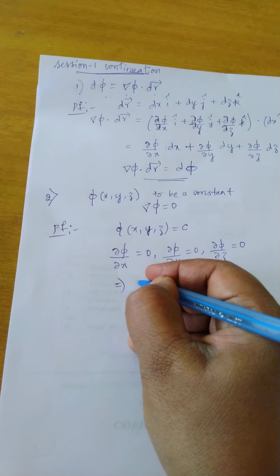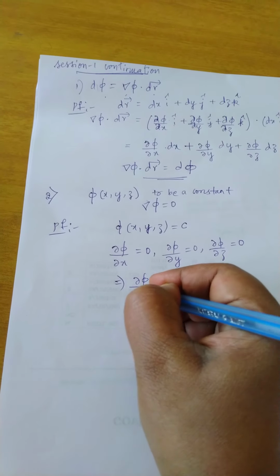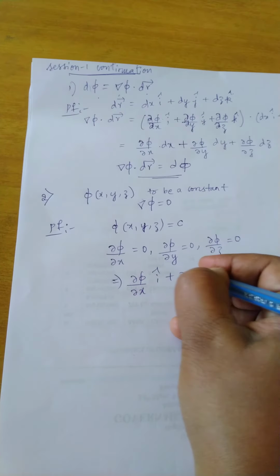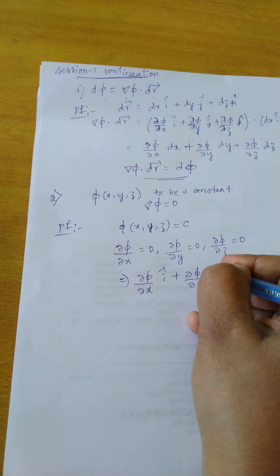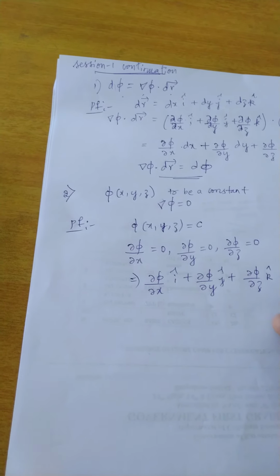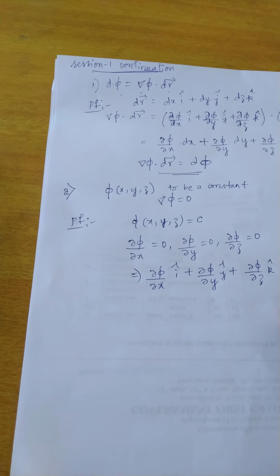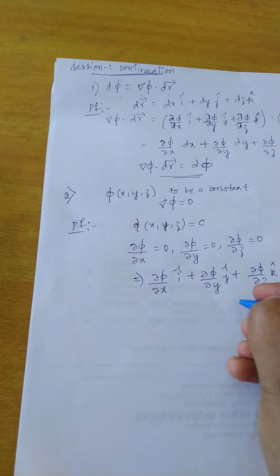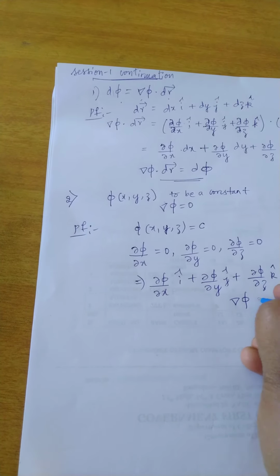Now let me substitute in the grad function. So 0 i cap plus 0 j cap plus 0 k cap will be equal to 0 because each term is 0. This is the grad phi, and hence we are getting it as 0.